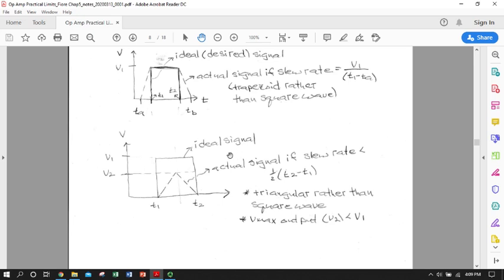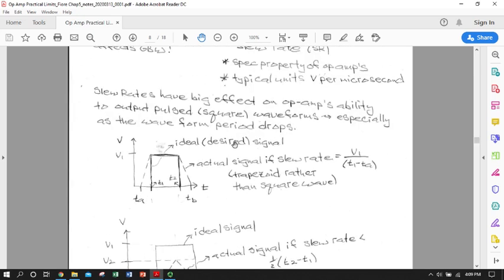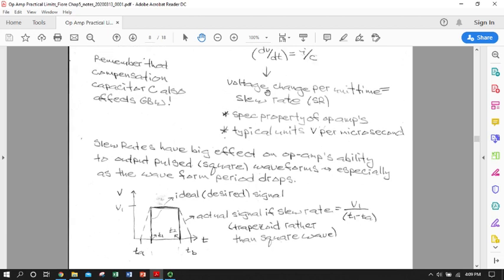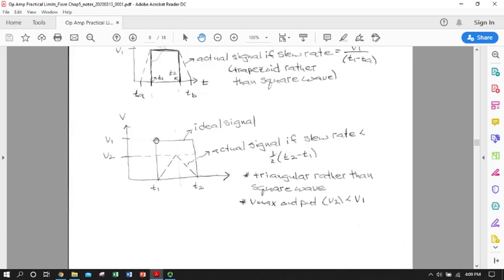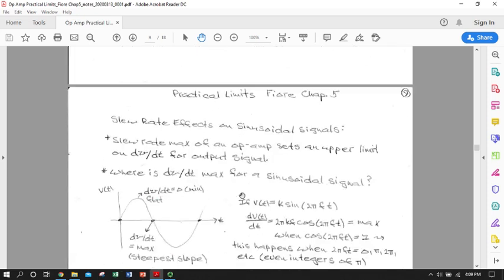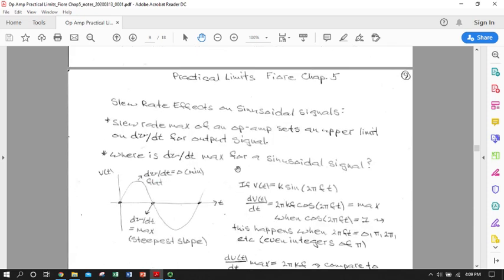So this is interesting now. A slew rate, or a dV/dt limitation of the op amp, could give us a lowered output signal and what appears to be an inadequate gain, and it'll change the whole waveform. It'll take us from a rectangular or square wave to a triangular wave. So that's a lot of distortion.